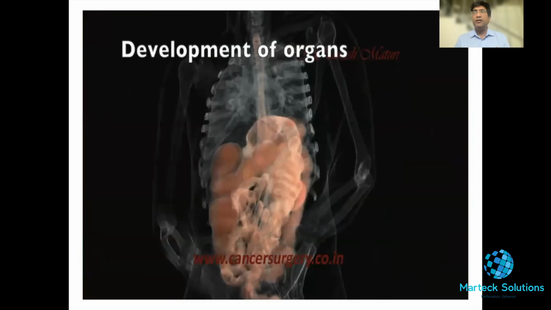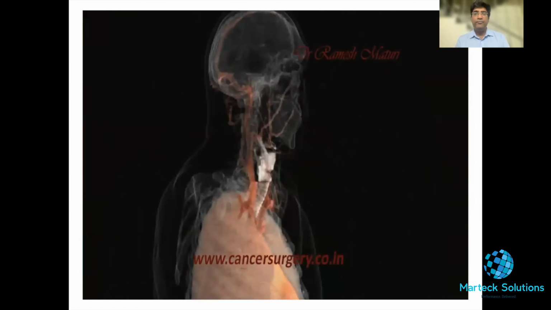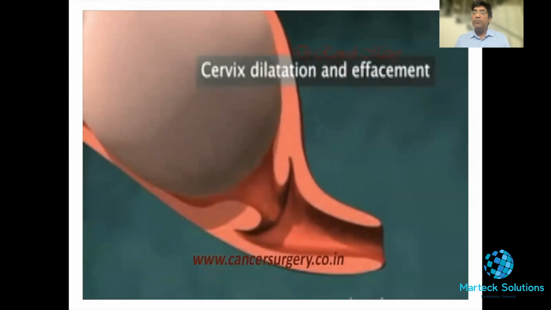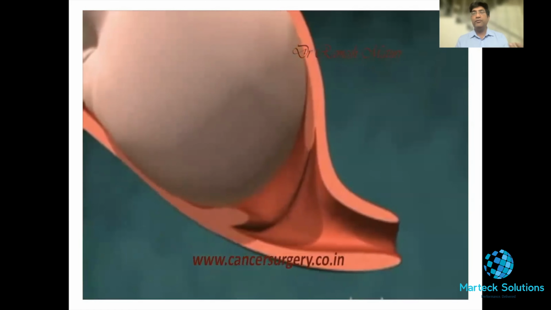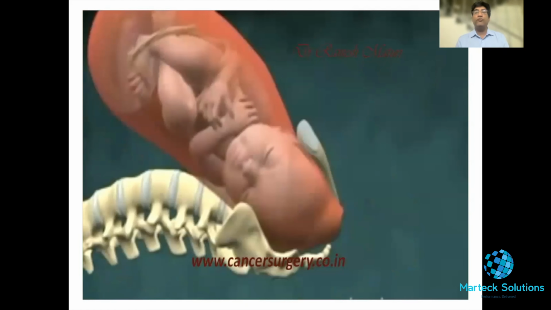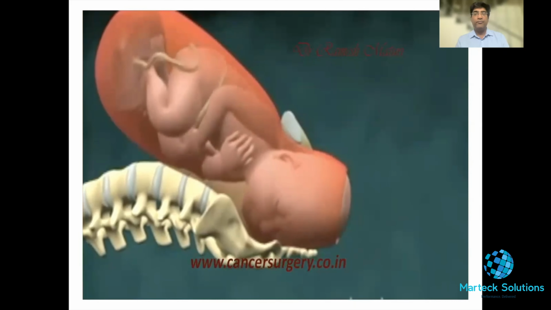And all these organs are formed by multiplication of cells. It takes 9 months for the two cells to be metamorphosed into a baby of 3 kgs.